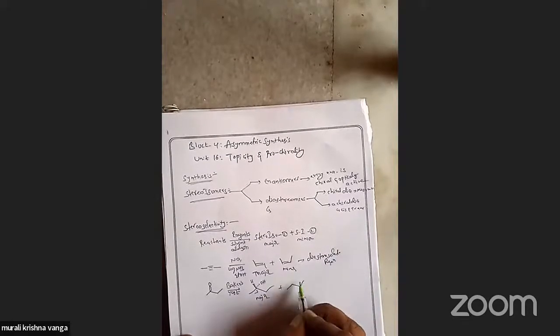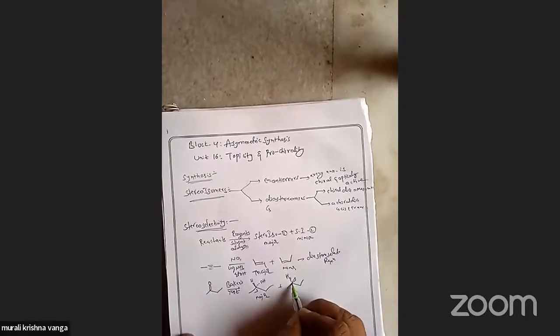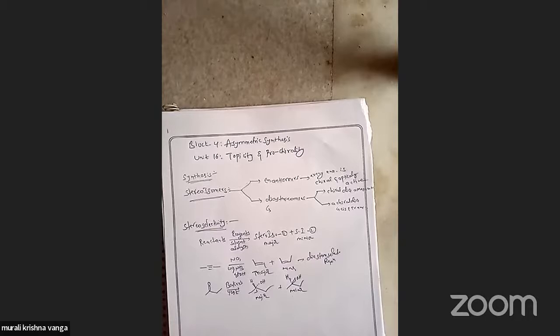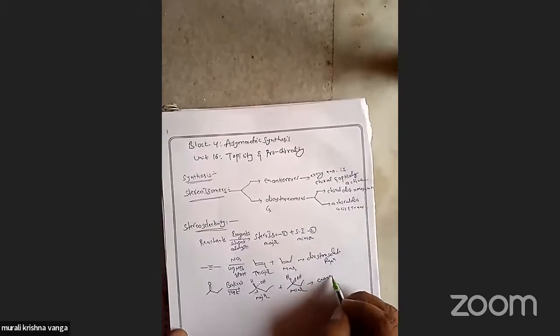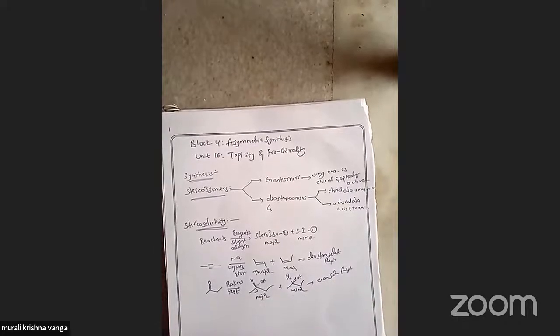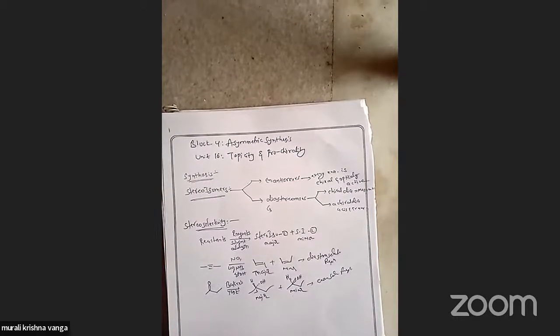When hydrogen attacks from the downside, it is minor. These are chiral stereoisomers. Unequal amounts of chiral stereoisomers are produced in this reaction. Therefore, this reaction is a stereoselective reaction, and it is an enantioselective reaction.